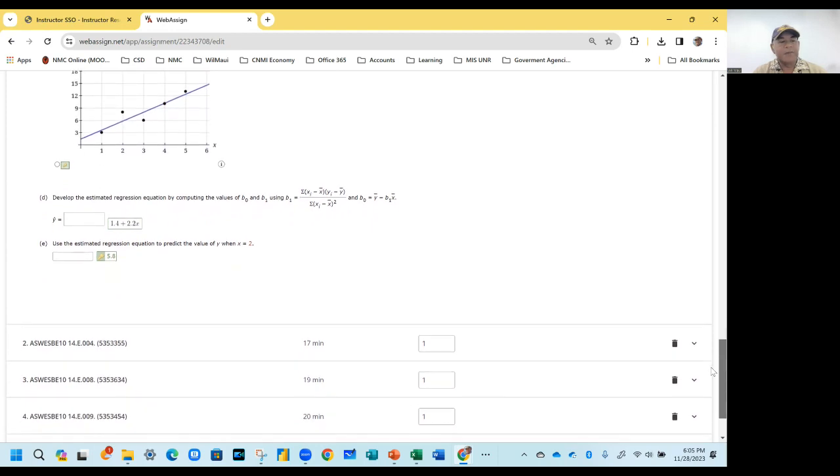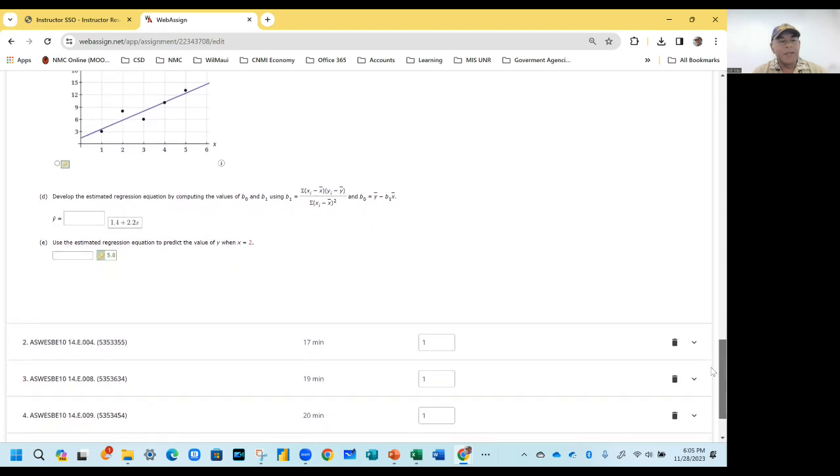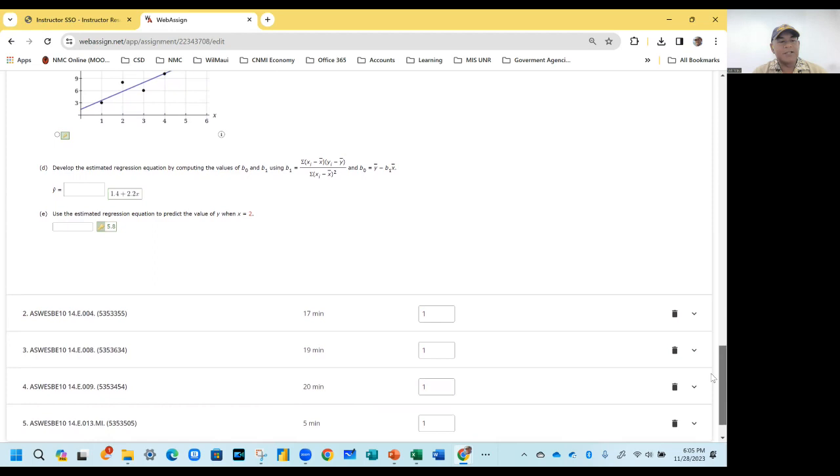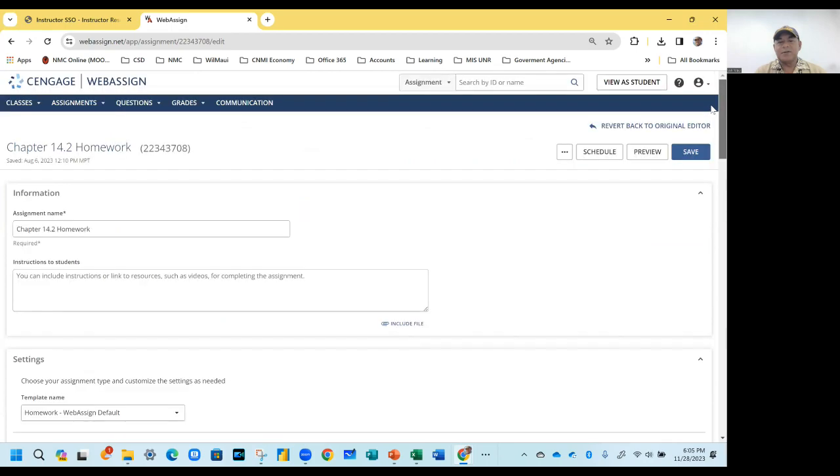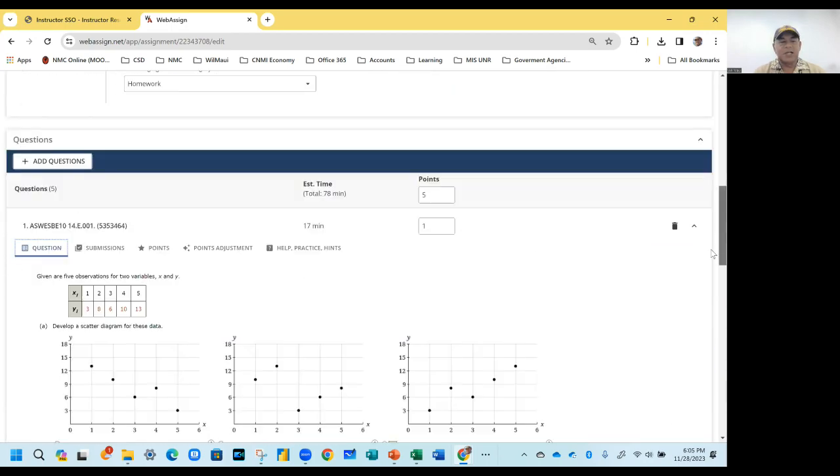And then use the equation to predict the value when x is equal to 2. So if I have this data here, we've got to copy the data first.